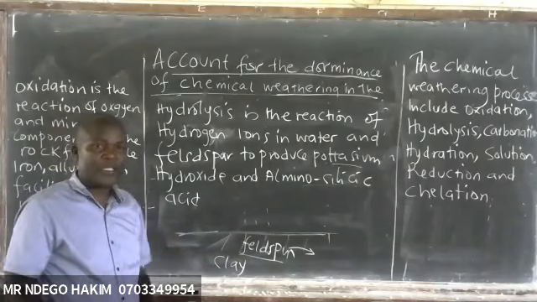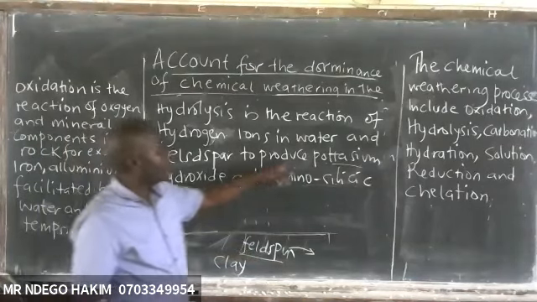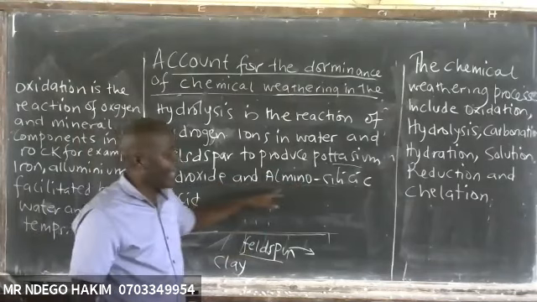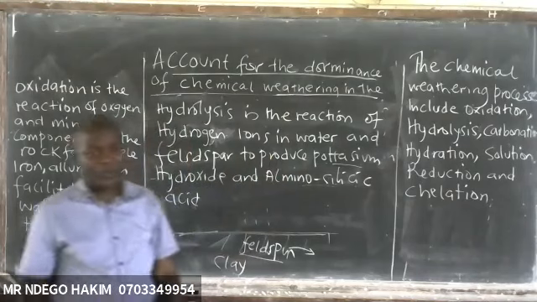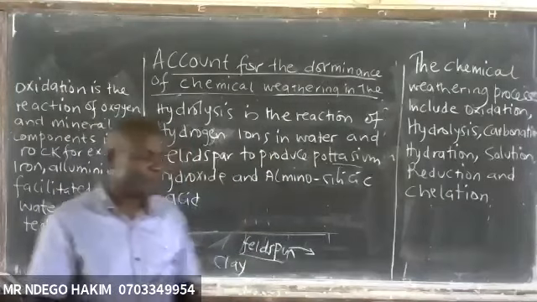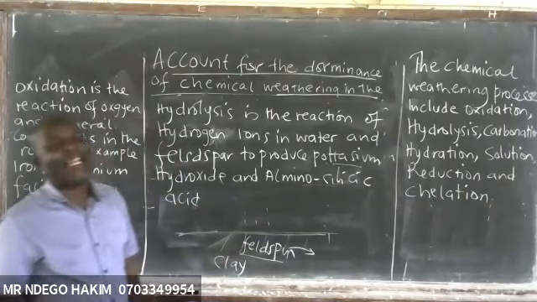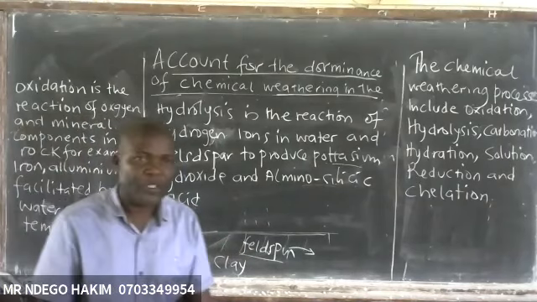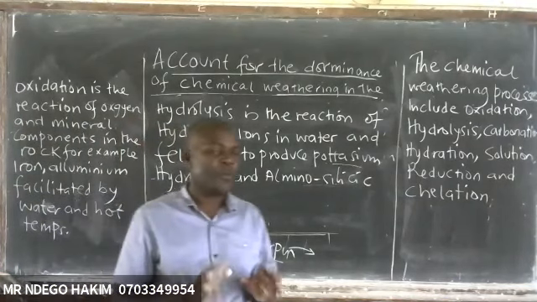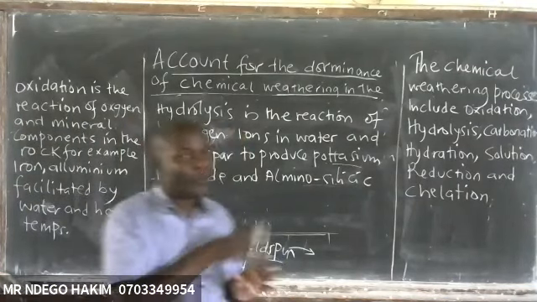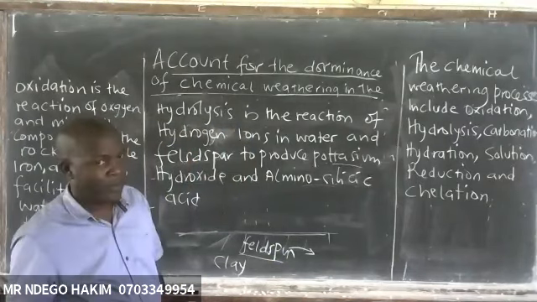Some students find it hard to say feldspar breaks down to produce potassium hydroxide and aluminic acid, which further decomposes into clay minerals. The shortcut is this one breaks down to form clay. So we say that process is called hydrolysis, associated with a certain mineral of the igneous rock known as feldspar.